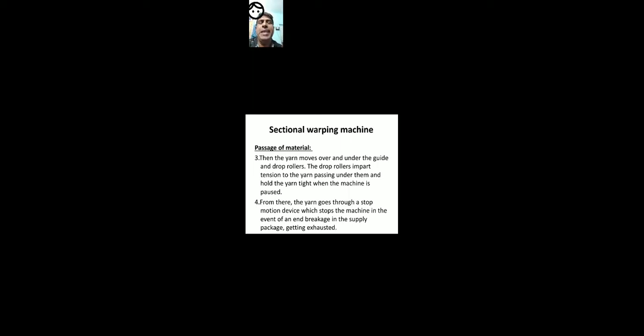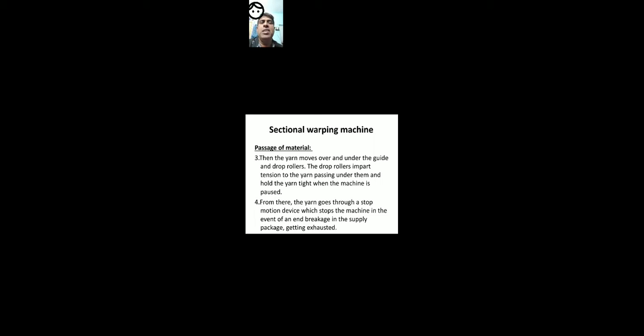What does it mean by exhaustion of the supply package? The complete emptying of the supply package. All the warp yarn on the supply package is exhausted, is completed. Then there will be a bare supply package without the warp yarn.